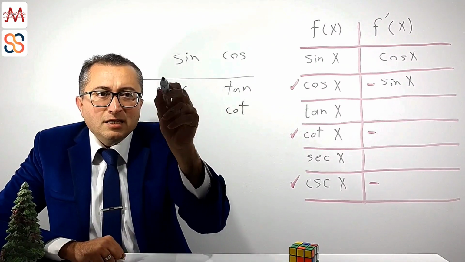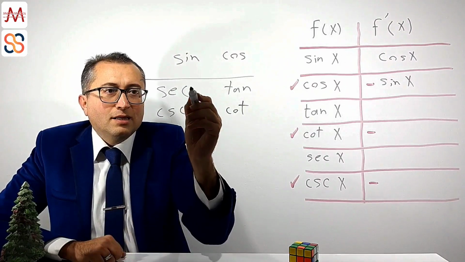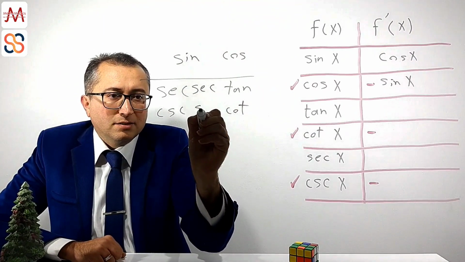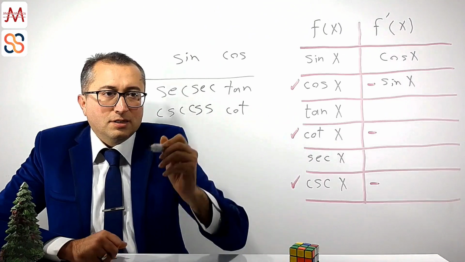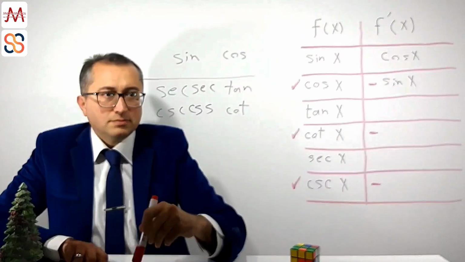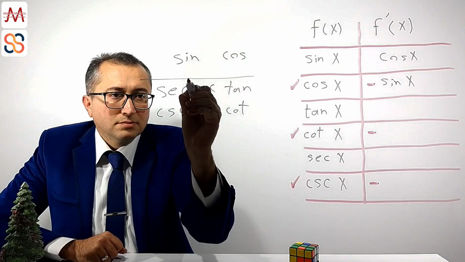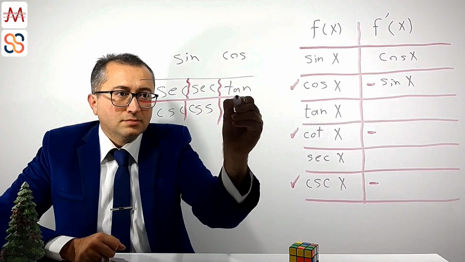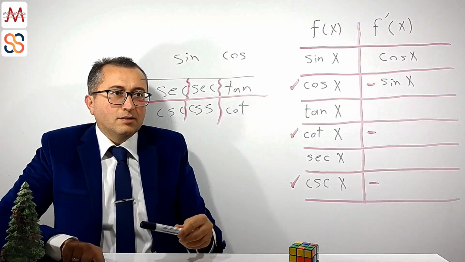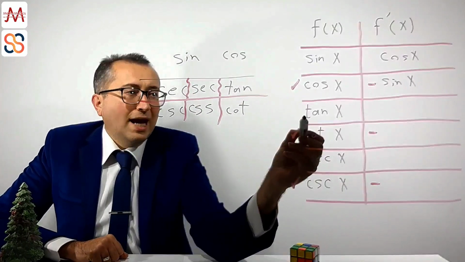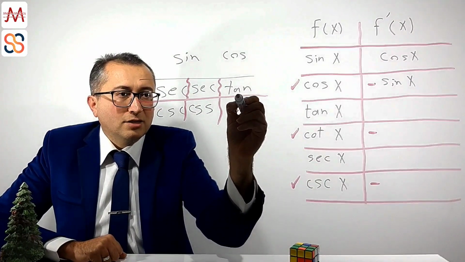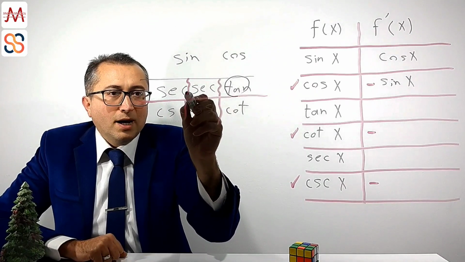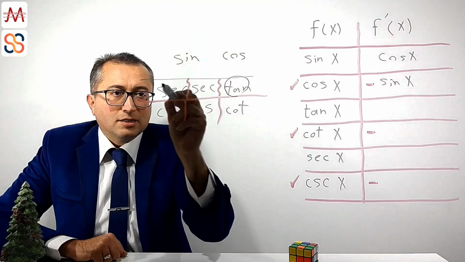So, as these two are weird, let's repeat. Suppose we have 2 secant and 2 cosecant. Now, the derivative of tangent x, tangent is this one. So, just multiply by these two in the same row.